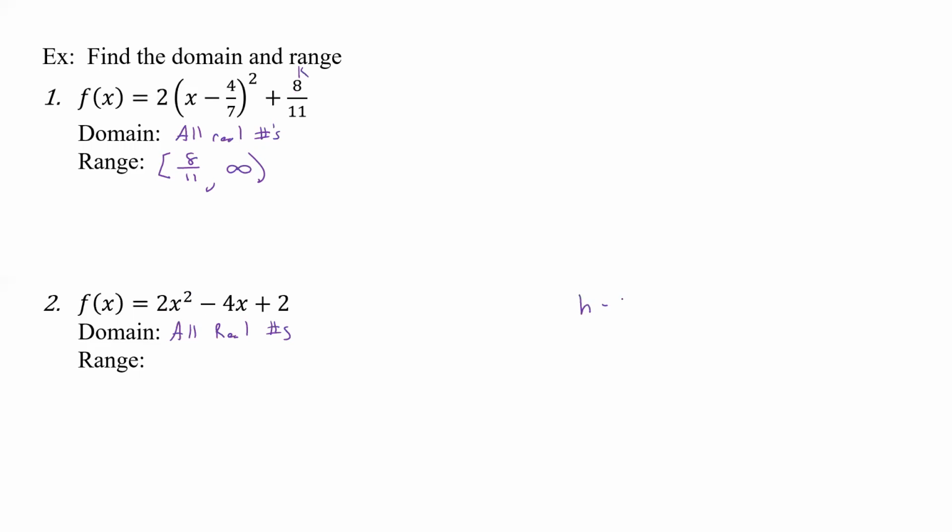We have to first find h. So h is equal to negative b over 2a, so negative negative 4 over 2 times a, which is 2, which is equal to 4 over 4, which is equal to 1. Okay. Now, what is k?